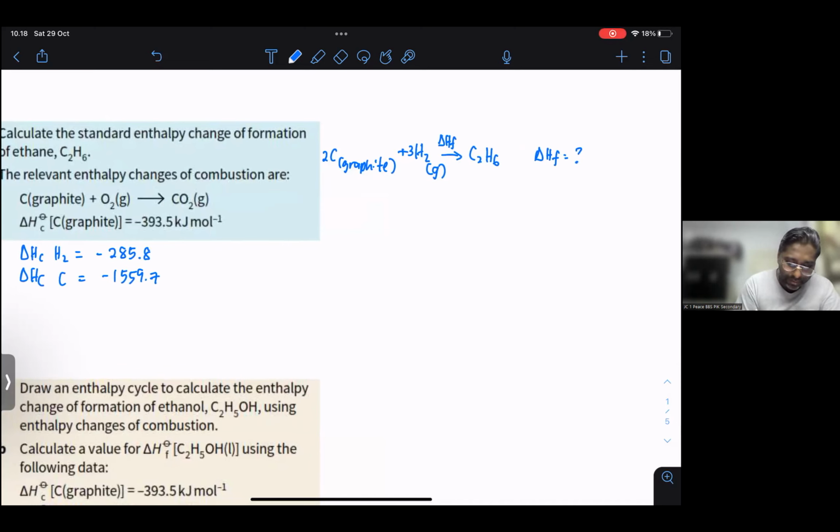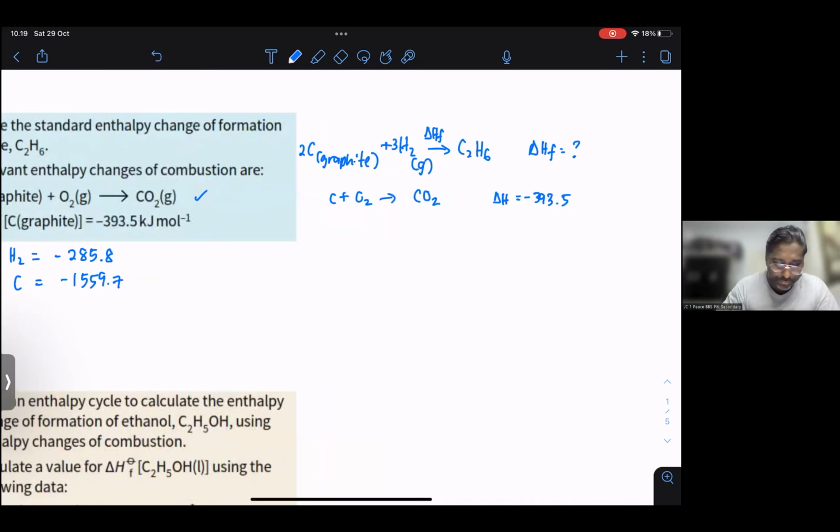First, you write down enthalpy change of combustion of carbon dioxide. So I write down carbon plus oxygen to give you carbon dioxide. That is given, delta H is going to be negative 393.5. And then the enthalpy change of combustion of H2.